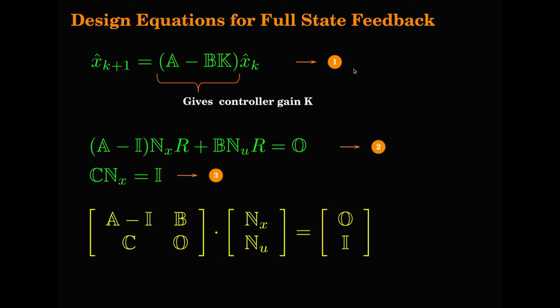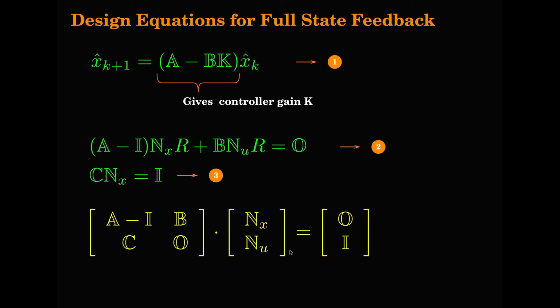So using these equations 1, 2 and 3, you can in a closed form way calculate what should be the controller gain K, the Nx matrix and the Nu matrix. So this can be done for any given state space system which is modeled as x_{k+1} = Ax_k + Bu_k, y_k = Cx_k.